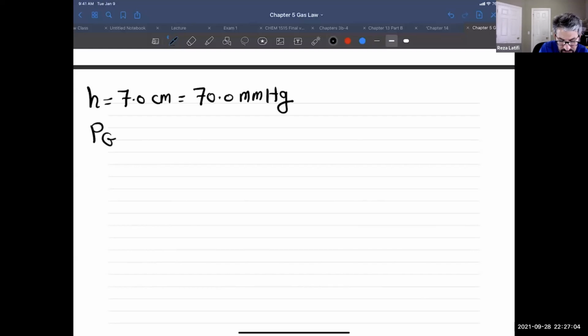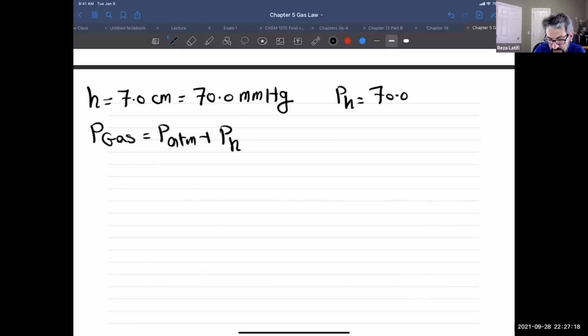The pressure of gas is going to be equal to P atmosphere plus pH. pH, we got it, is 70 millimeters of mercury. The pressure of atmosphere, they need to give it to you. Let's assume in this case it is 760 millimeters of mercury.